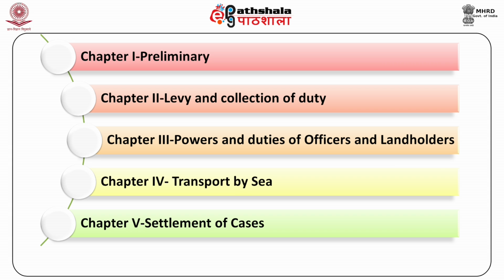Powers and duties of officers under the Act and owners or occupiers of land put to use for contraband excisable goods manufacture, sections 13 to 23.